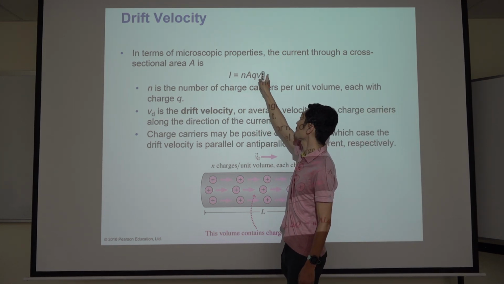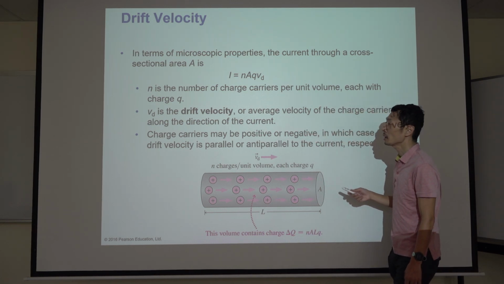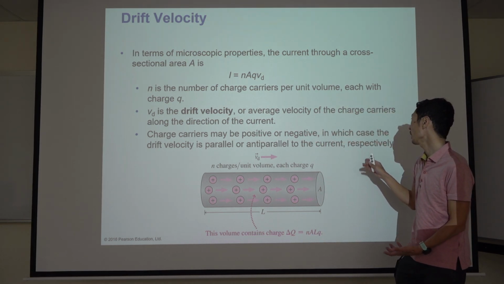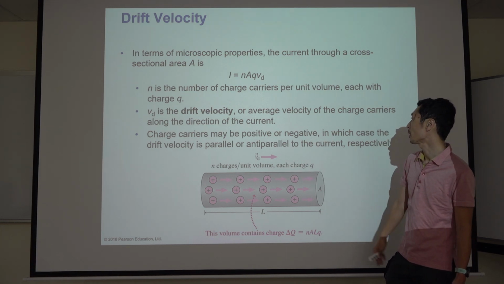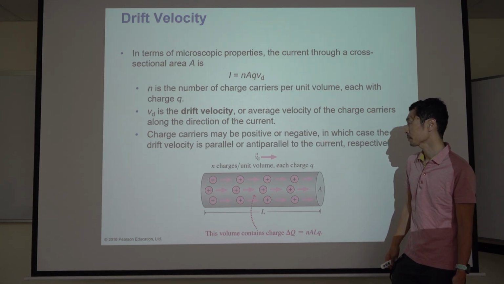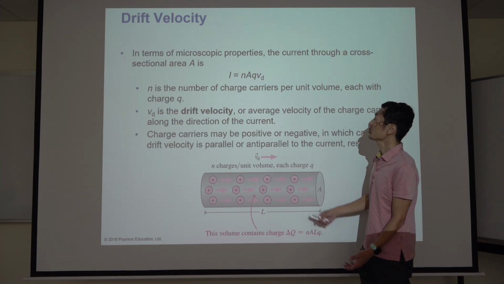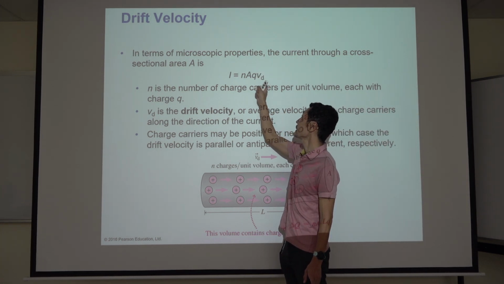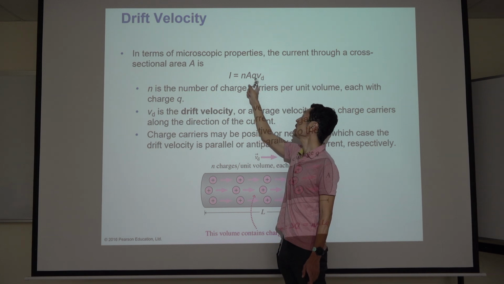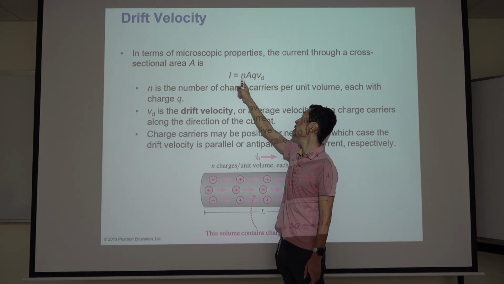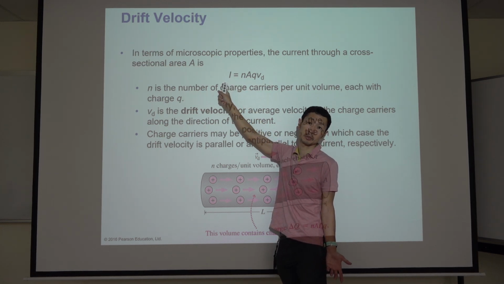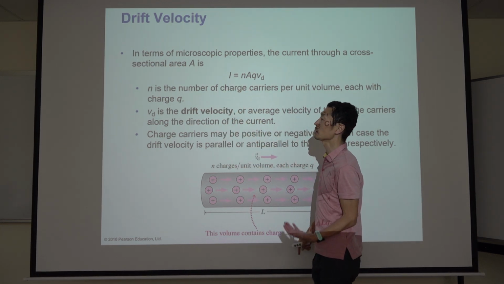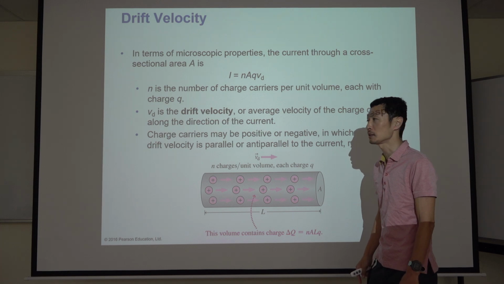Charge carriers may be positive or negative, in which case the drift velocity is parallel or anti-parallel to the current respectively. This makes sense, right? Because this is velocity, how many charges Q are going through area A per unit time should decide the current. That follows the definition of electric current.